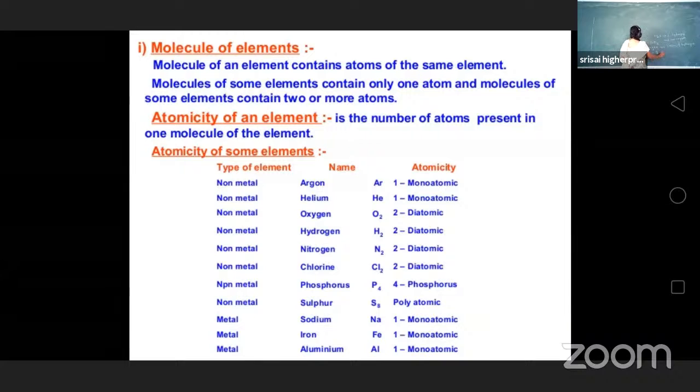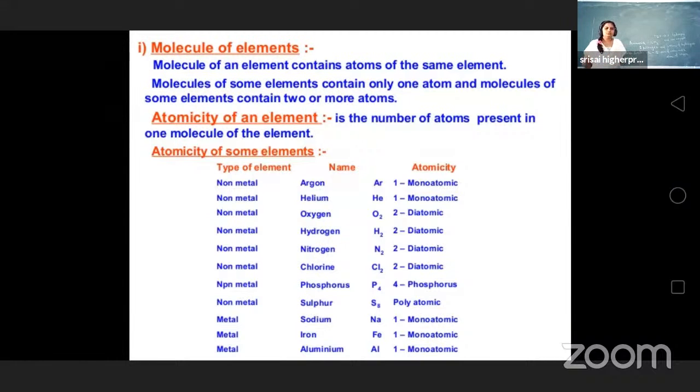One atom of carbon and two atoms of oxygen. This is what molecules we find. This is the molecule of elements.